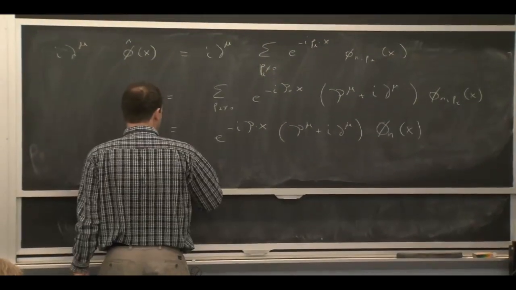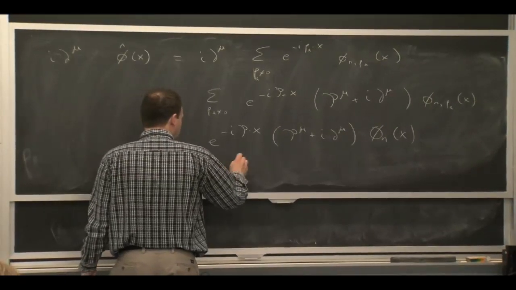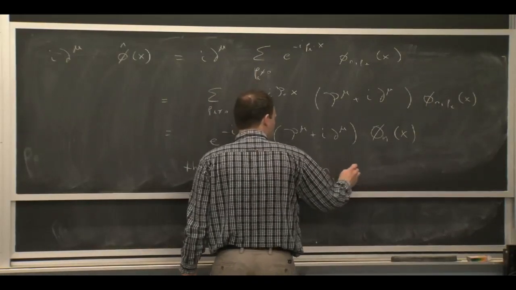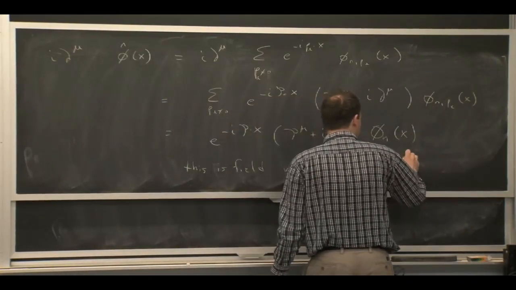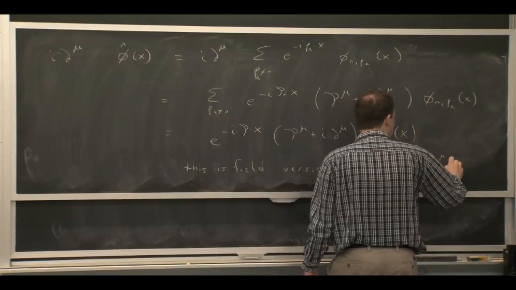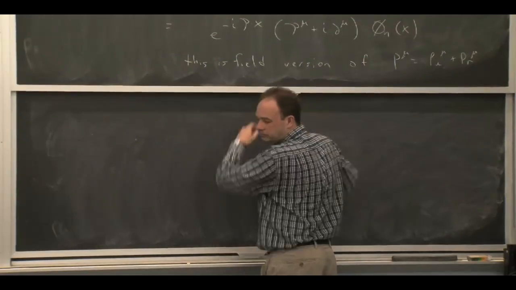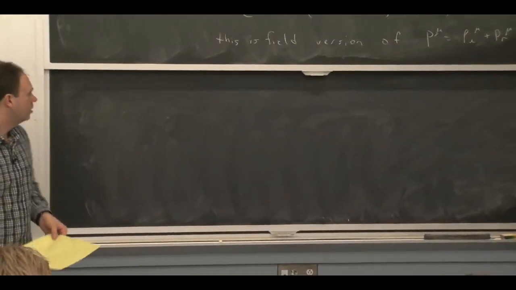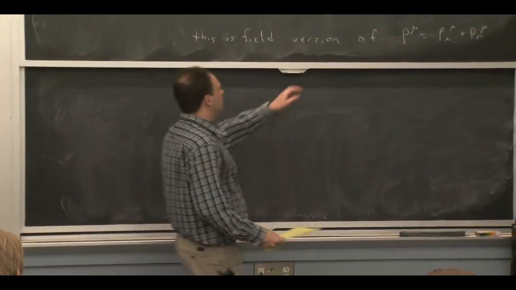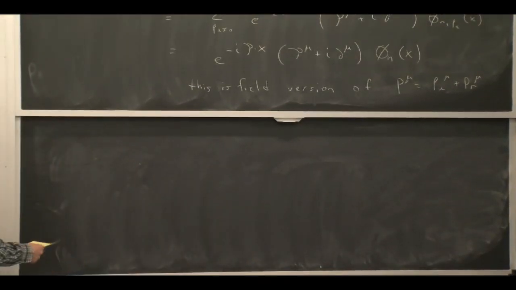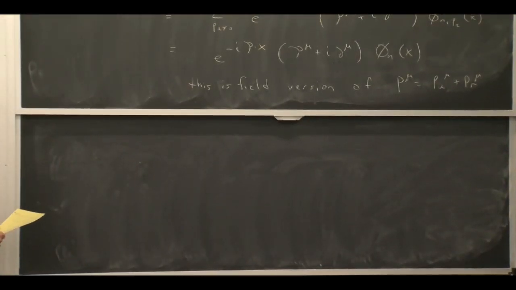Okay, this is the field version of p mu equals p L mu plus p residual mu. But the advantage of this notation is that we can then drop the partials if they're smaller. That's the whole reason for this setup.